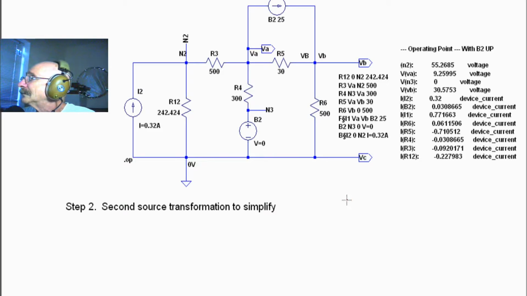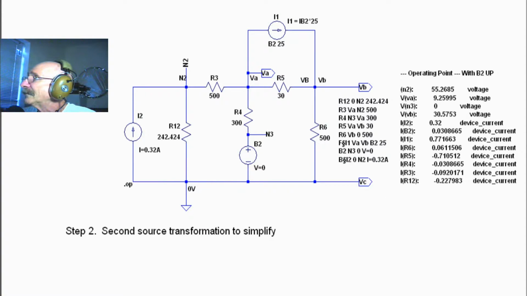In order to move forward, we need to simplify the circuit a little bit more. For the second source transformation, we'll call the second power supply V2 instead of the V1 that we had before. It's just equal to I2 times R12.